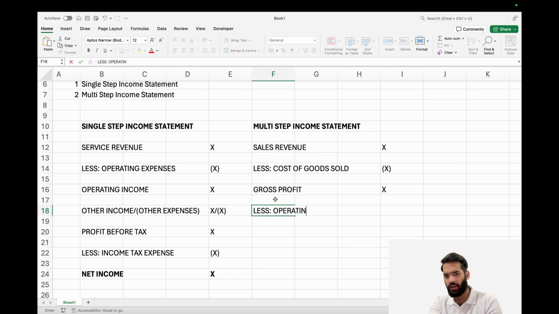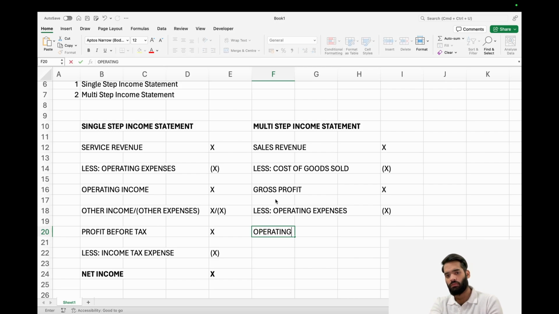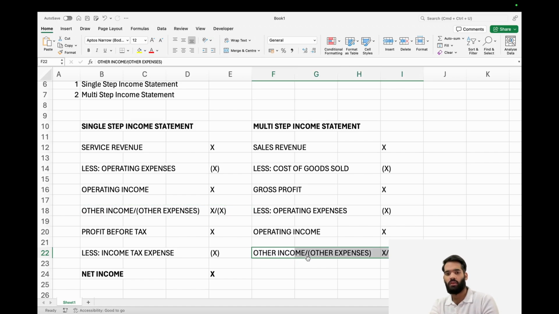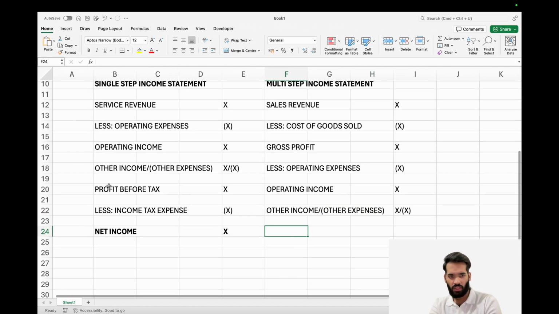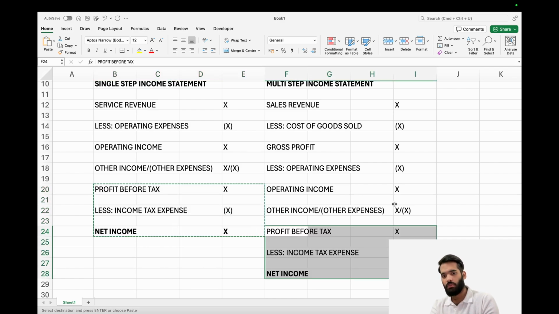You don't have to write that, but it's good if you do. And then profit before tax and everything else is the same, because we already come to the main number we wanted to find.